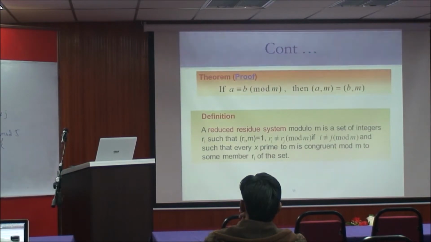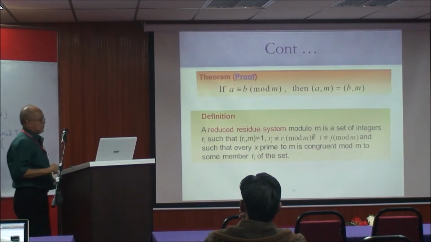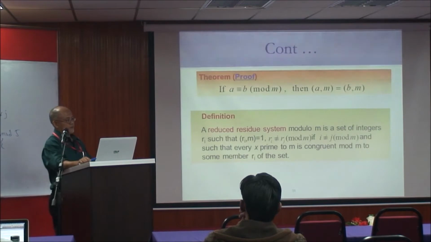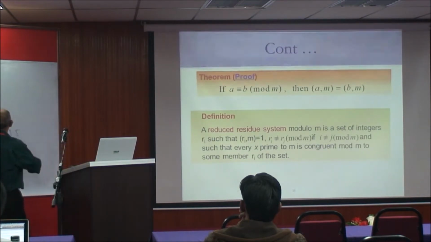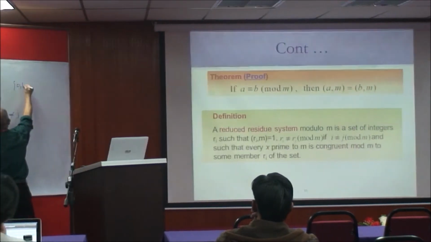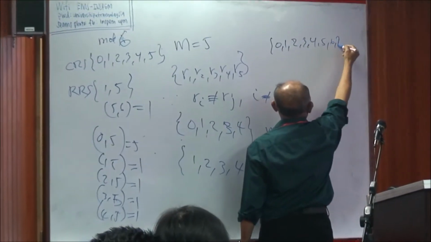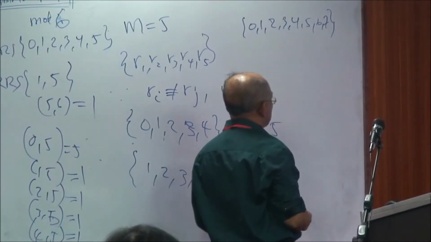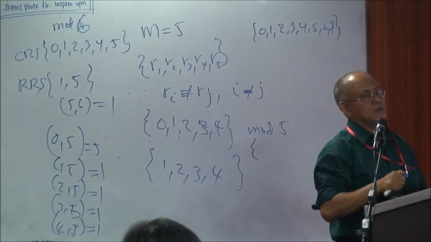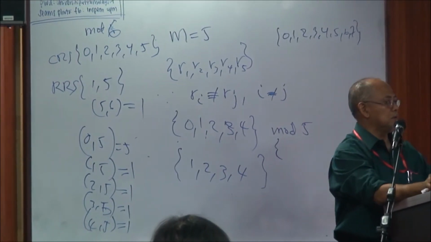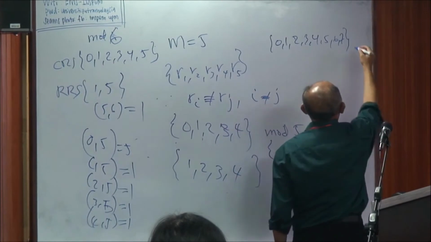So you say, what about 8? If you were to take the example quickly, so we have 8, a set of integers which form a complete residue system, right? Modulo 8.